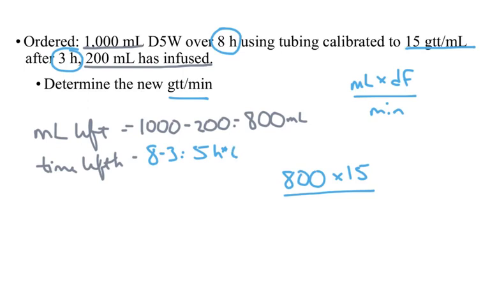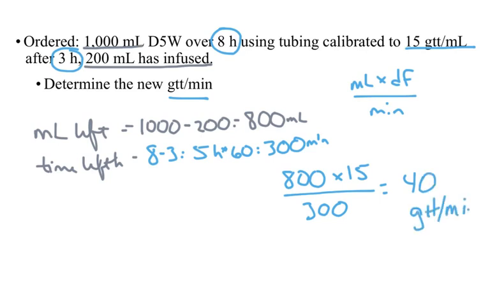I know 1 hour is 60 minutes, so 5 times 60 is 300 minutes. So that goes on the bottom. So I have 800 times 15 divided by 300, and I end up with an even 40 GTT per minute.